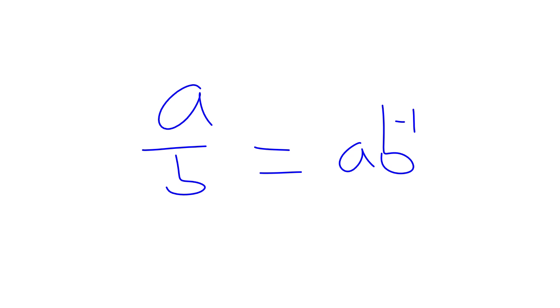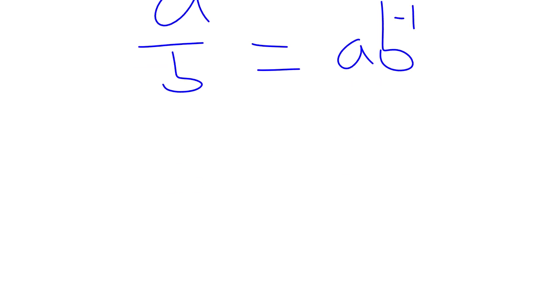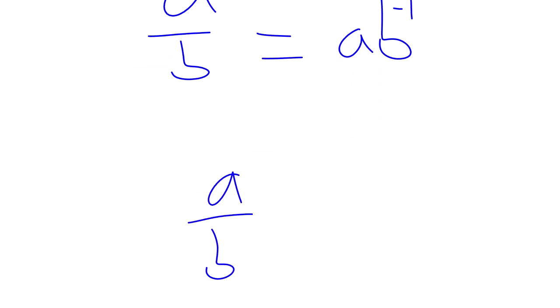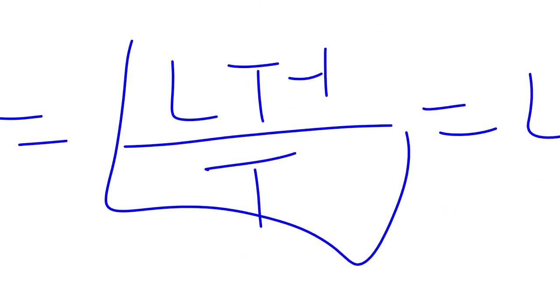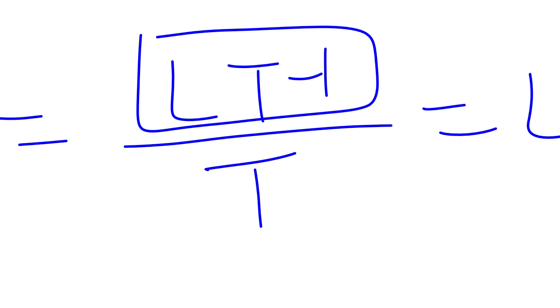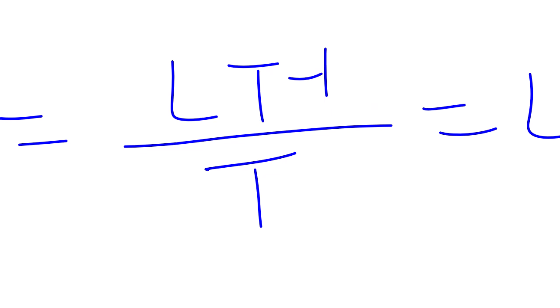Just take it and put a negative power. If it is a all over b raised to the power of 3, for you to make the division sign disappear, or to make it linear, you just say a, b raised to the power of minus 3. That's all. So you understand from here that T raised to the power of minus 1 means that this T is originally below, because it is a denominator.